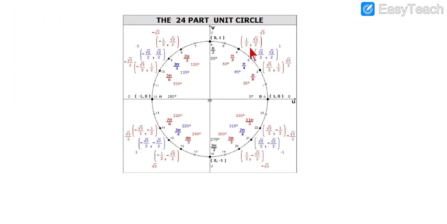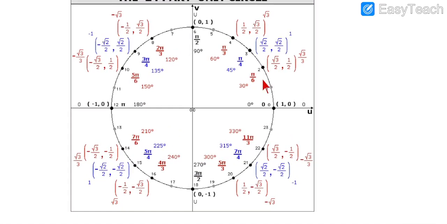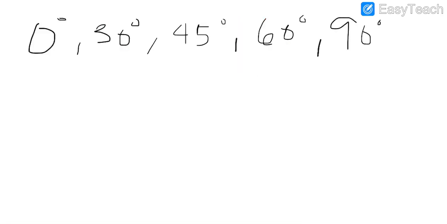We have the first quadrant, the second quadrant, the third quadrant, and the fourth quadrant. Now let's look at here. The 0 degrees, 30 degrees, 45 degrees, 60 degrees, and 90 degrees lie in the first quadrant, so they are called special angles. Now let's get back here.